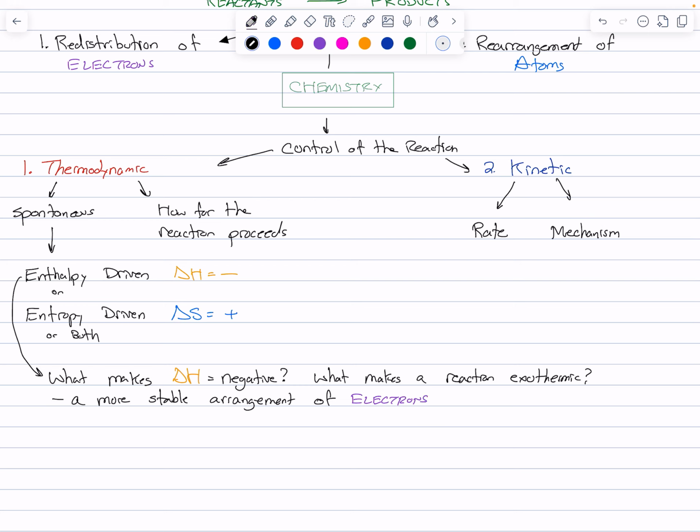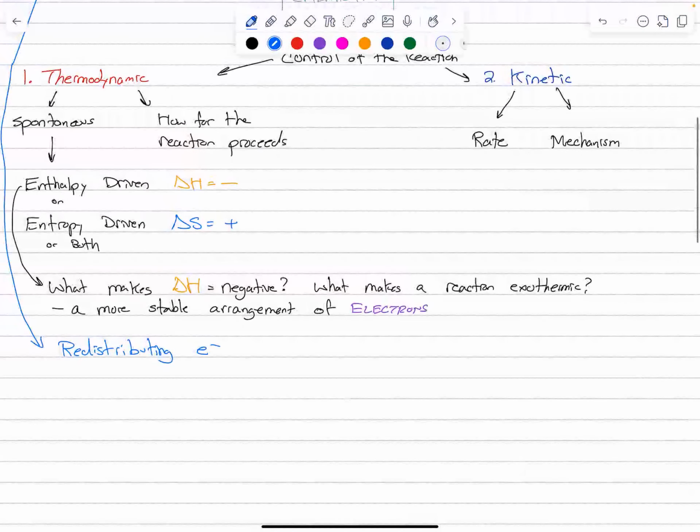So if we take this redistribution of electrons up here, we talk about redistributing the electrons. There's two ways. The first one is acid base, which has no change in oxidation number.